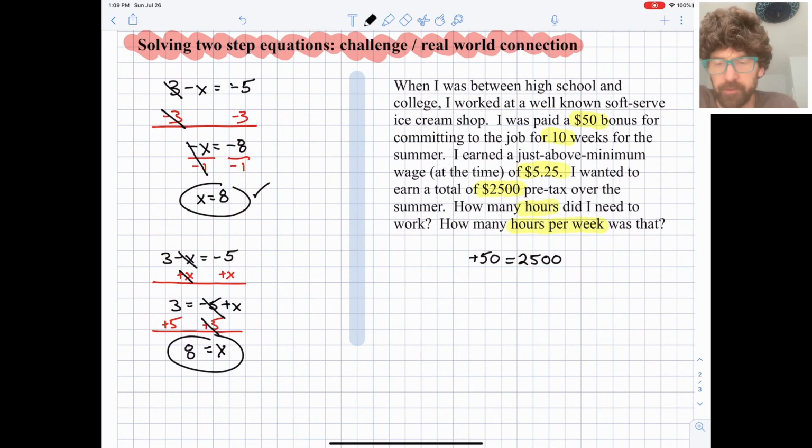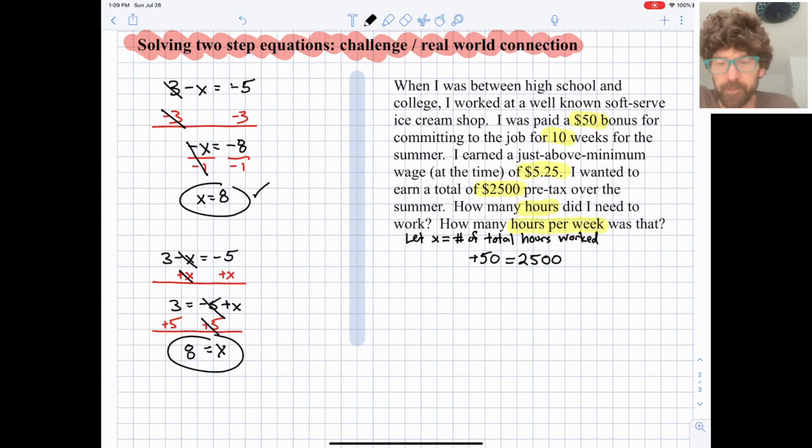That's going to be my bonus. Then I need to worry about my hours and my minimum wage. I'm actually going to define my variable first. I probably should have done that at the very beginning. Let x equal the number of total hours worked. I'm not going to worry about the number of hours per week yet.